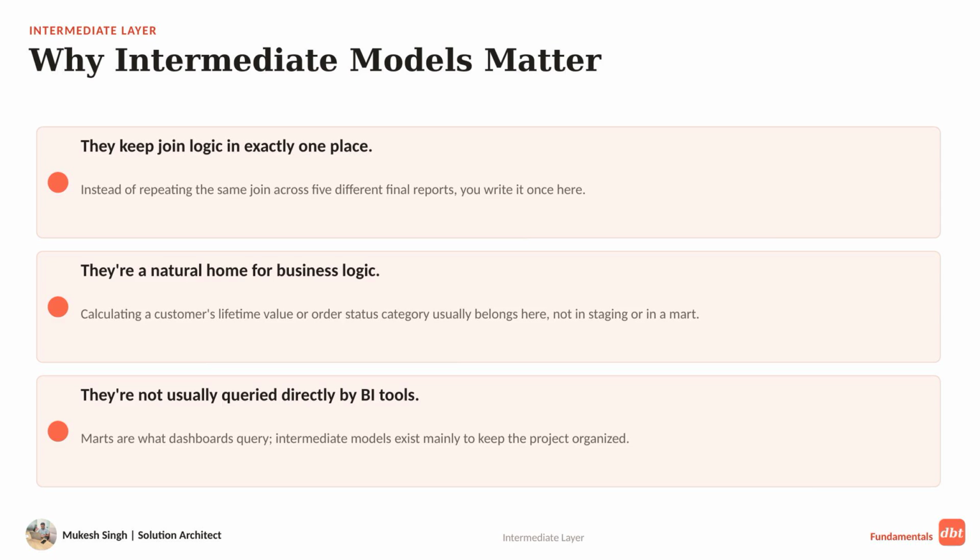And typically, intermediate models aren't queried directly by BI tools at all. Their whole job is keeping the project organized. If a third source needed joining in later, say a marketing table, it would simply become a third ref call in this same model, not a rewrite of everything else.